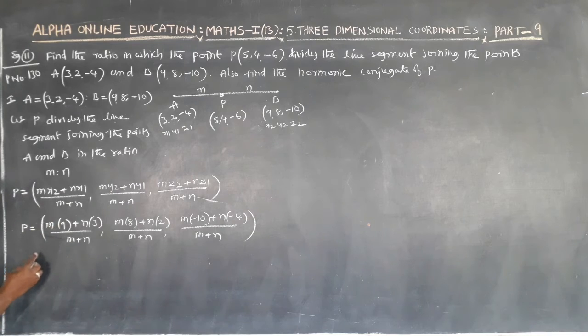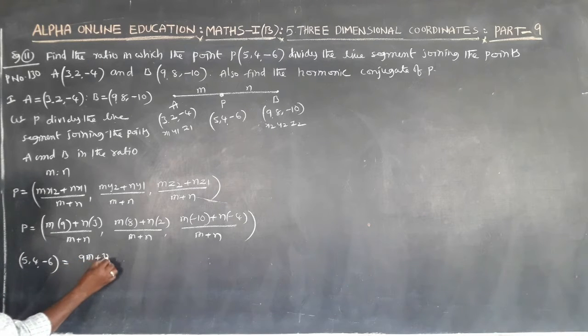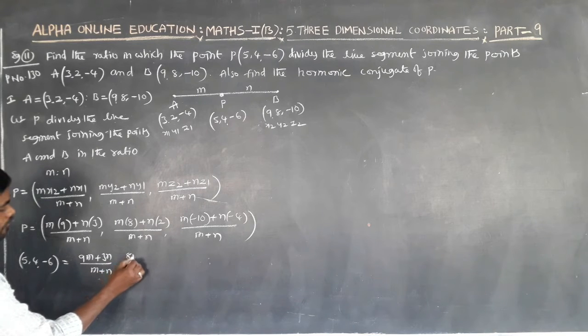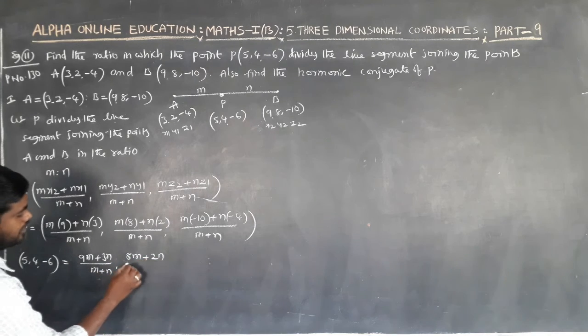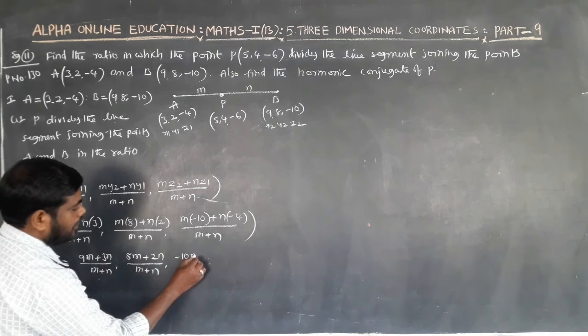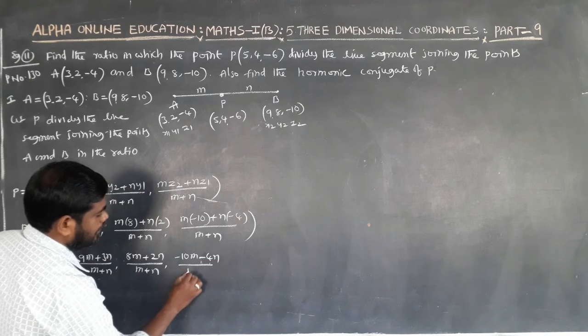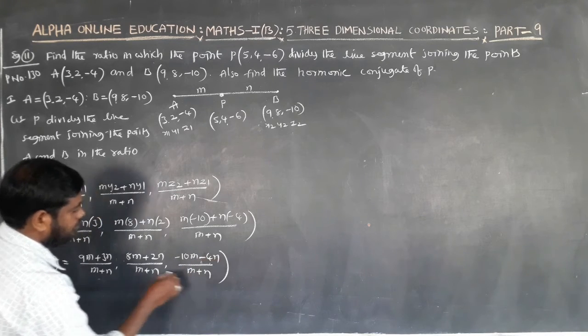The coordinates of the point P, which is (5, 4, -6), equal ((9m + 3n)/(m + n), (8m + 2n)/(m + n), (-10m - 4n)/(m + n)).